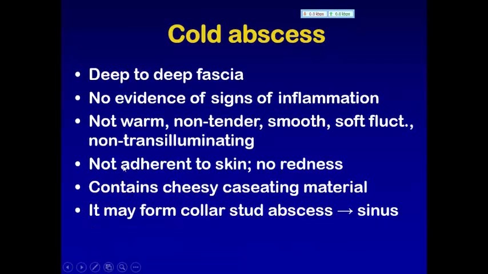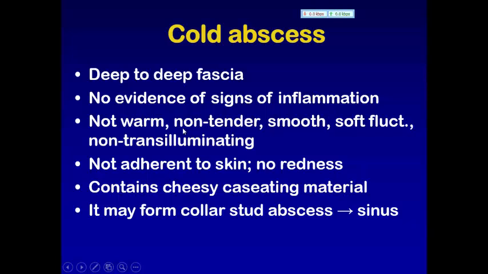Now, I will talk about one of the complications of tuberculous cervical lymphadenitis, which is called abscess. It is deep to the deep fascia. Once it perforates the deep fascia, it becomes a cold abscess. No evidence of signs of inflammation, so that's why we call it cold abscess.